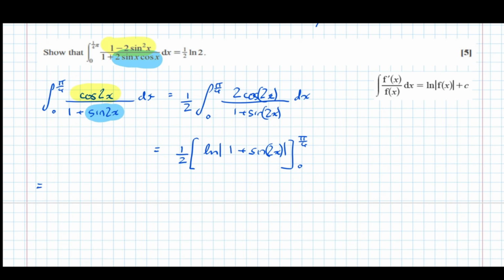So let's sub them in: it becomes a half log of 1 plus sine of 2 pi over 4, minus log of mod 1 plus sine of 0.